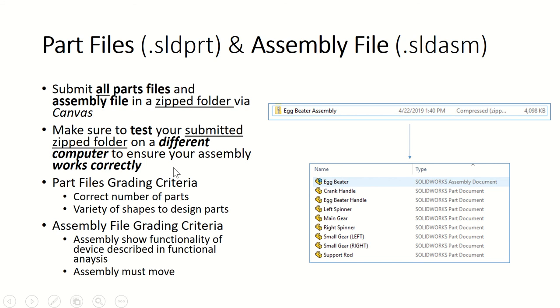And the second bullet point here states to test your submitted zip folder. You don't have to use a different computer, but after you submit your assignment, make sure to open it and that it works correctly and all of your parts are here, so that when I am grading it, there are no problems.